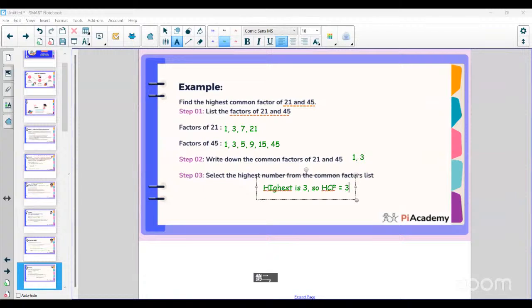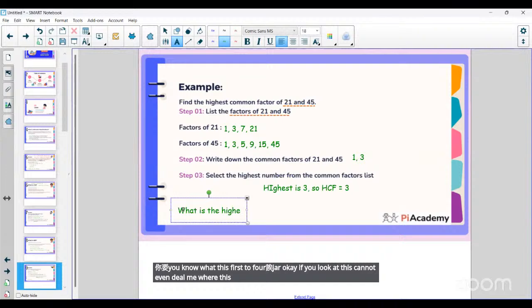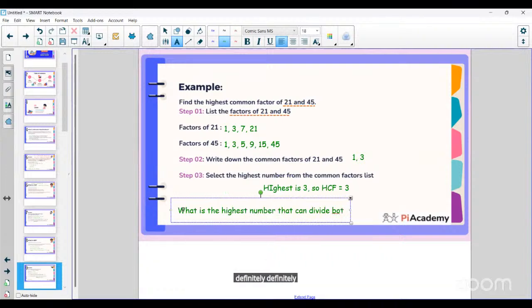Well, first of all, HCF. If you look at this, can anyone tell me what is the highest number that can divide both 21 and 45 without leaving a remainder?